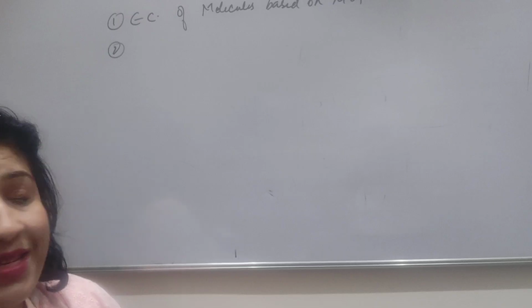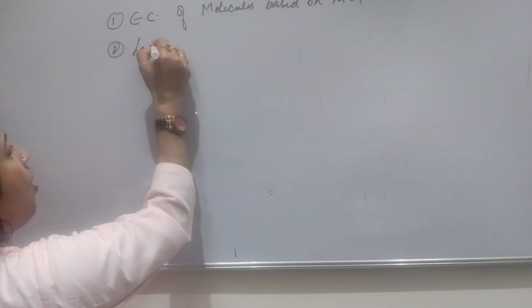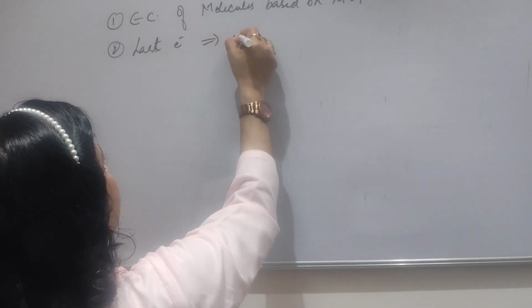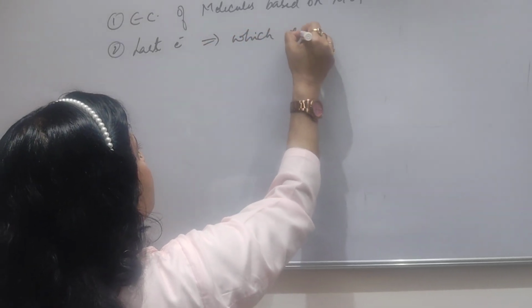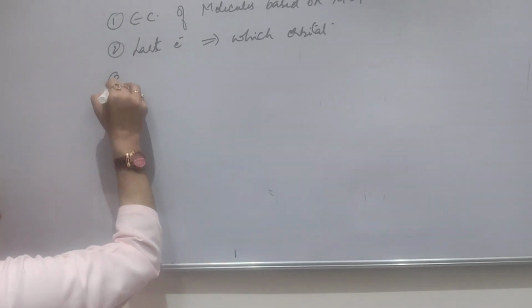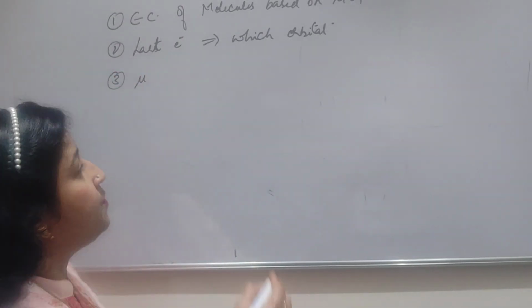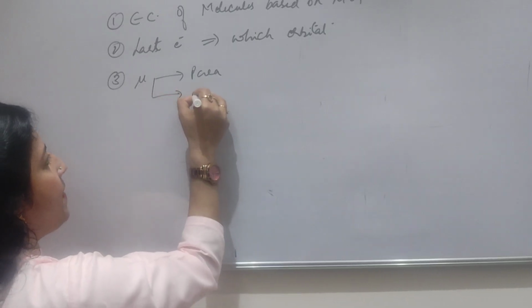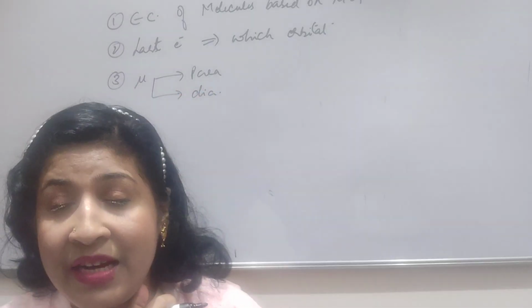Now, the second question is: the last electron, or the incoming electron, enters into which orbital? They further ask the magnetic moment, whether it is paramagnetic or diamagnetic. They ask the magnetic nature of a molecule.